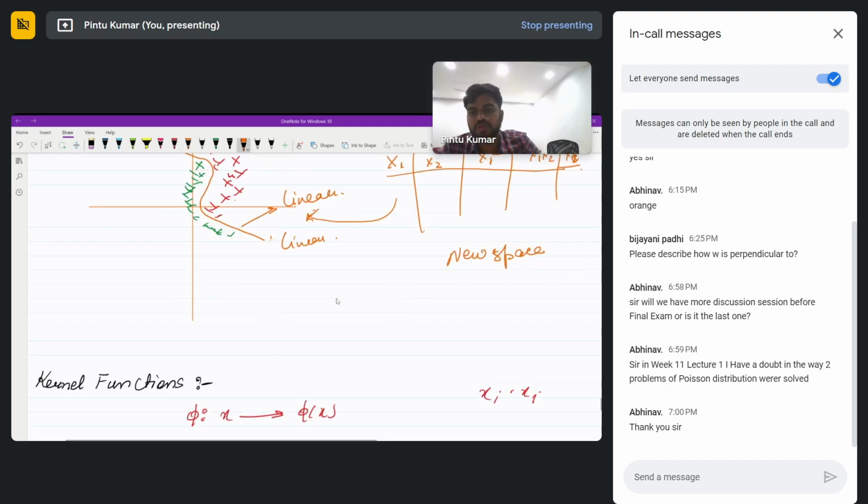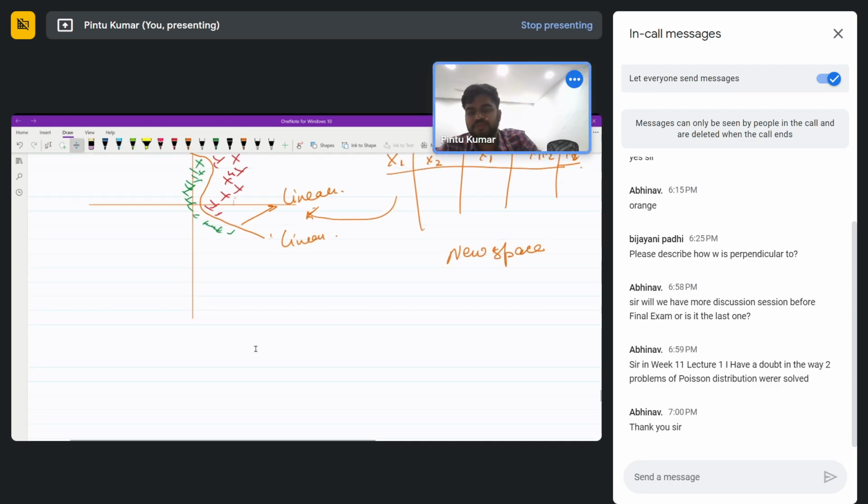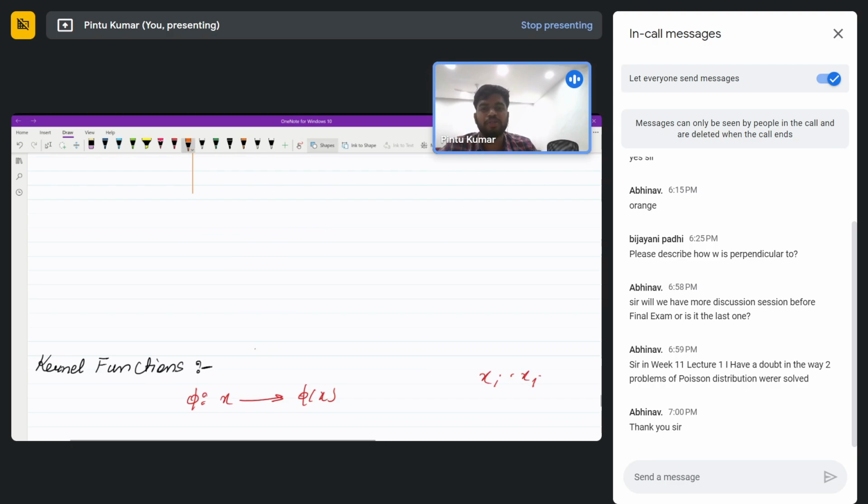Okay, let's take a very simple example. Let's take a one-dimensional line, and let's say these are my points. Is this linearly separable?